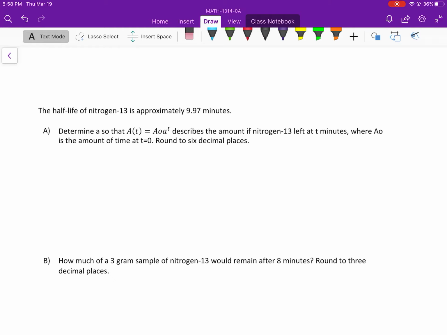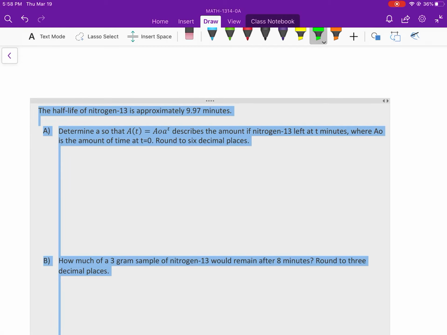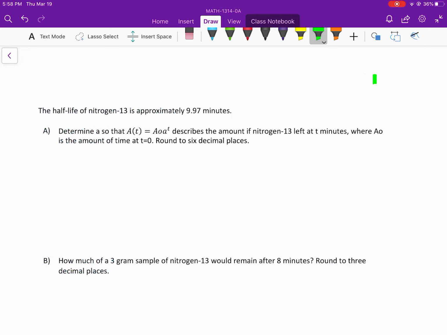So on A, we have to determine A, so that A of t equals A of 0 times a to the t. So we're trying to find the value here of A, right there. It describes the amount of nitrogen-13 left at t minutes, where A of 0 is the amount at t equals 0. Round to 6 decimal places.